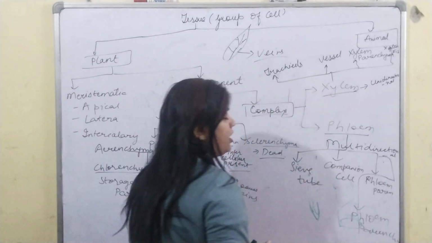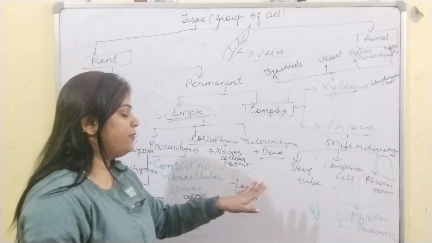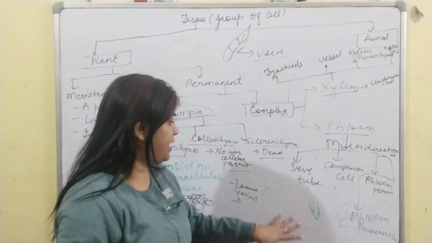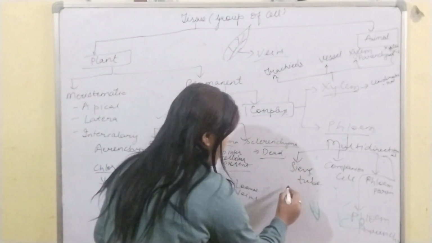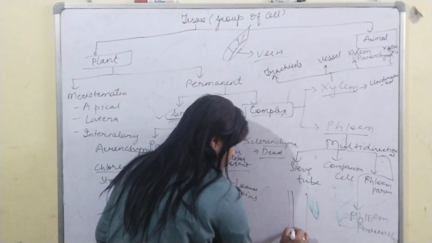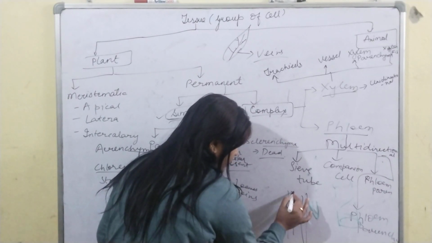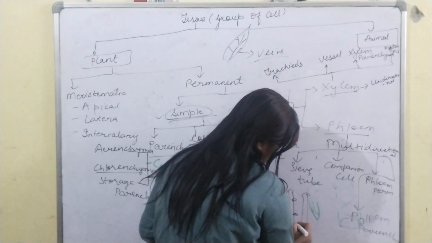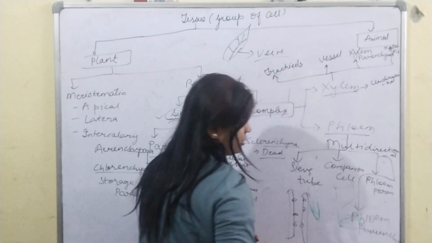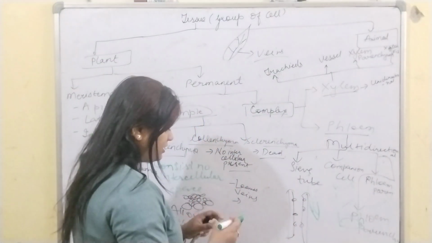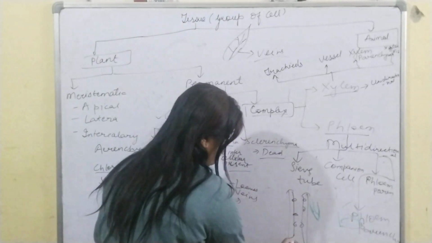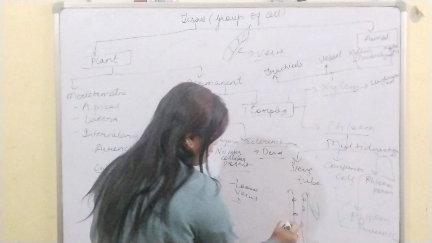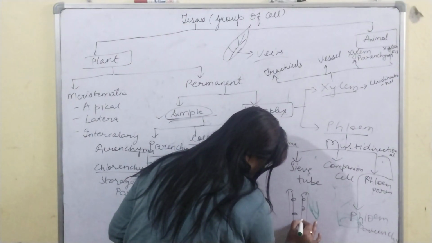All these are the types of phloem which help to conduct the food, like sieve tubes. It is a tube-like structure, and the sieve tube is incomplete without the companion cells. Suppose these are companion cells present in phloem. So what happens: if one tube has got the food, it reaches the first companion cell. Then the food is given to the second companion cell.